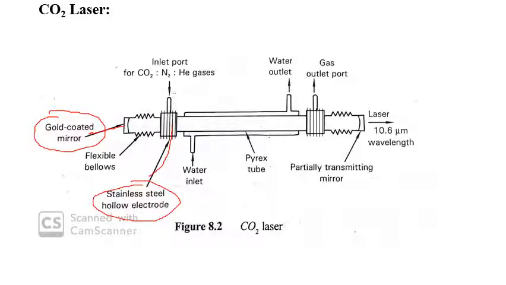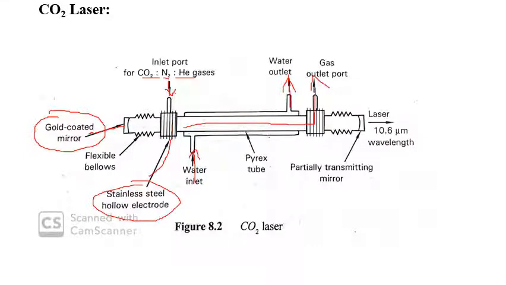There is an outer box-like structure, it is covered, supplying the water inlet and water outlet. And here there is a stainless steel hollow electrode in which the gases like CO2, N2, helium will move inside, and a gas outlet port like this.